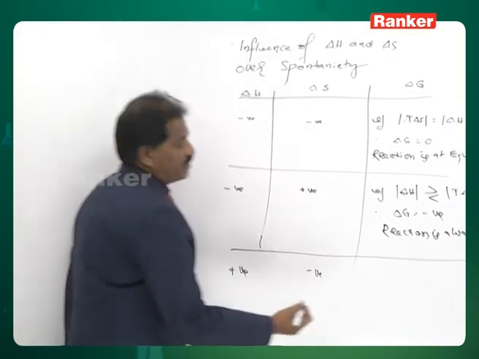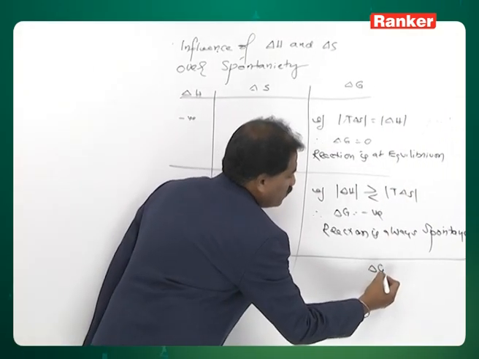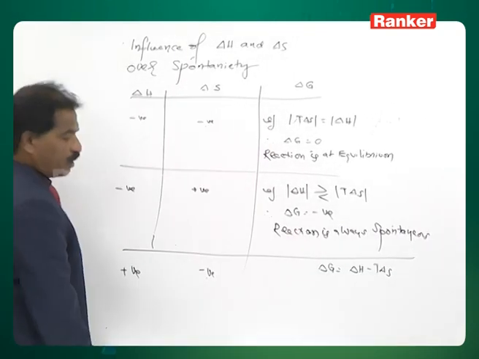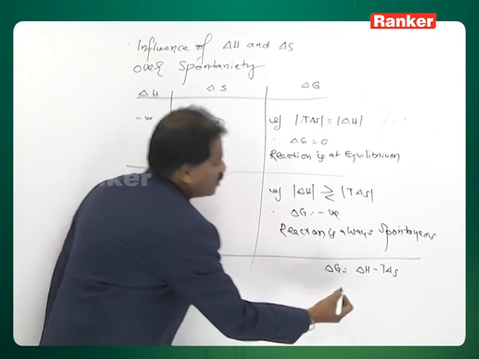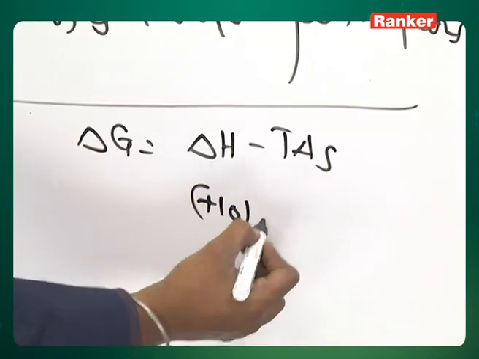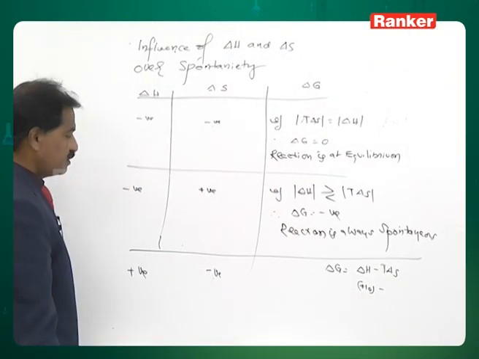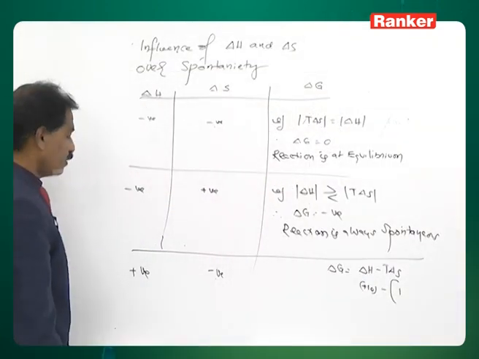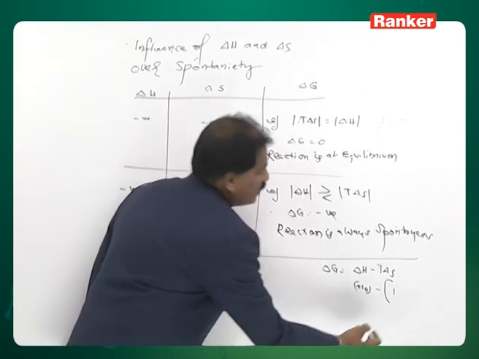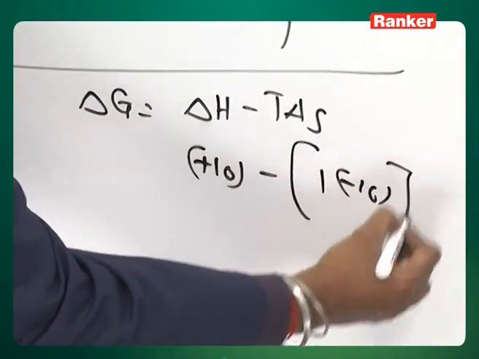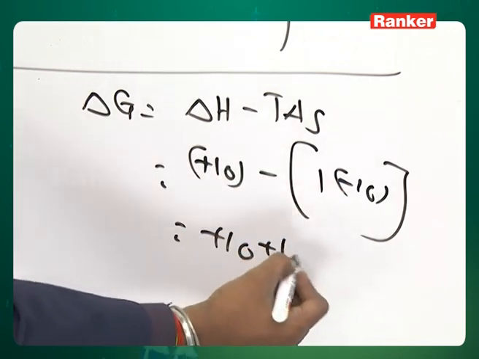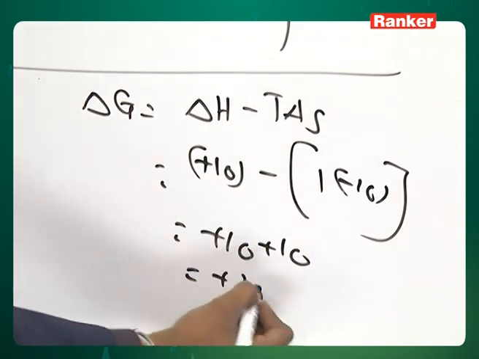According to this expression, the enthalpy change is positive, let us say I will give the value 10, minus, next let us say the temperature is 1, next the entropy change is negative, let us say minus 10. So this is plus 10, minus of minus becomes plus 10, again plus 20.